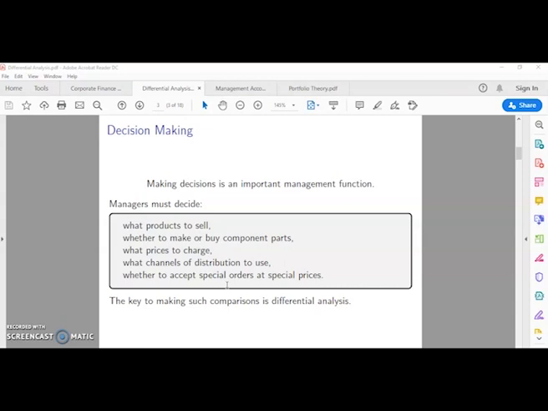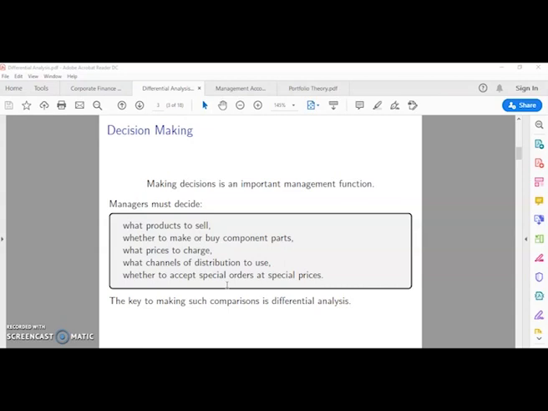So decision making in fact is a very important function in the management, and managers have to be able to make decisions in terms of different issues and different problems, different challenges that they may have and they may face in the company.